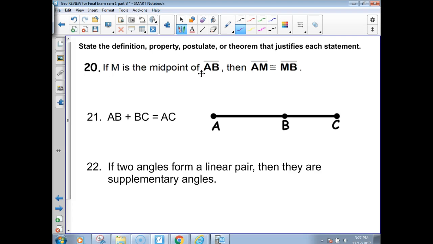Do you remember? Okay, this is recent. If M is the midpoint of a segment AB, then AM is congruent to MB. Oh my gosh, I'm so glad I hear more of you say that out loud than ever before. Definition of midpoint. Yes, we should know that by now. All right, and then do you remember what it was when we added 2 segments to get a bigger one?